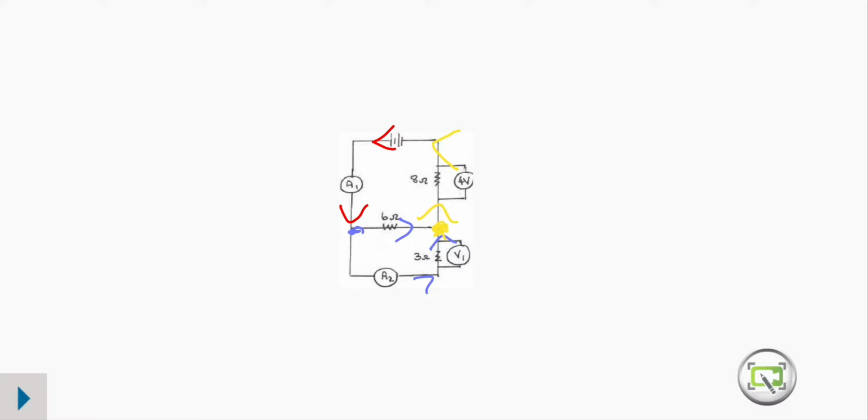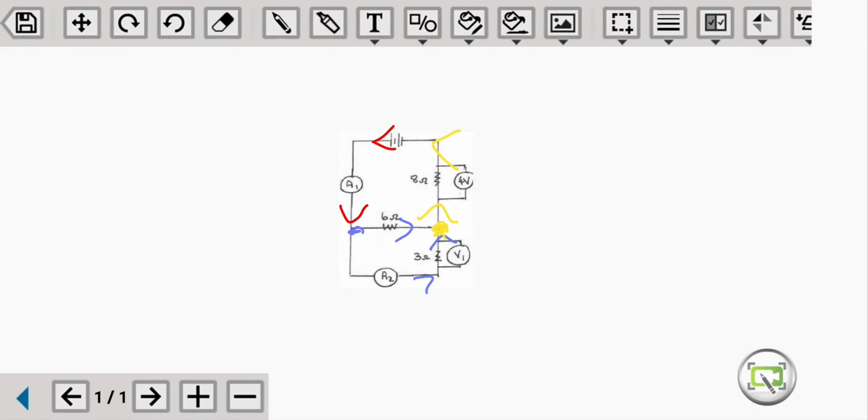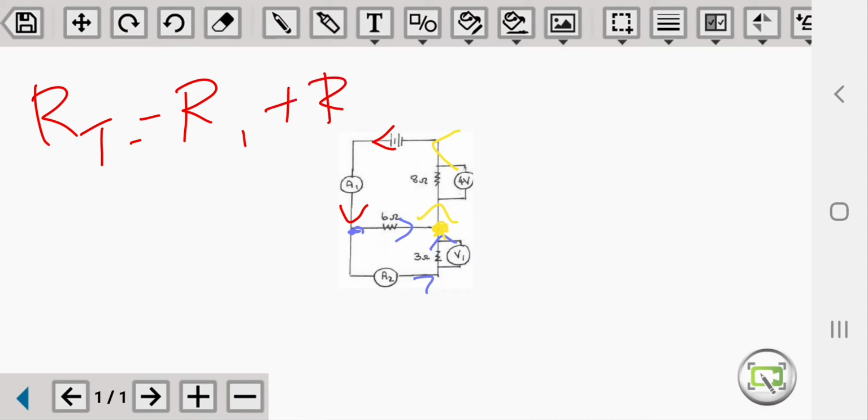Now, the first type of question that they can ask in a circuit like this is to calculate the total resistance, or the total effective external resistance of the circuit. So let's just have a look at the formula again. For resistors in series, the total resistance is resistor 1 plus resistor 2 and so on.